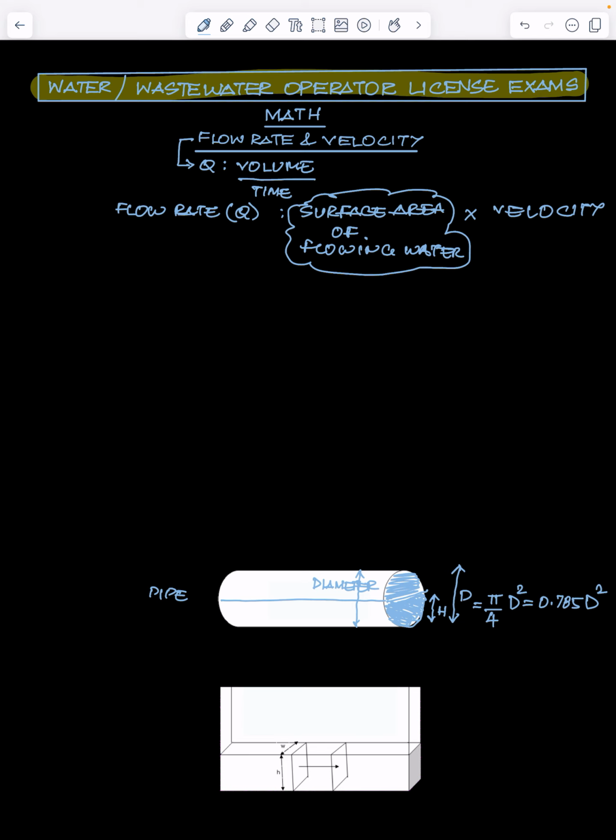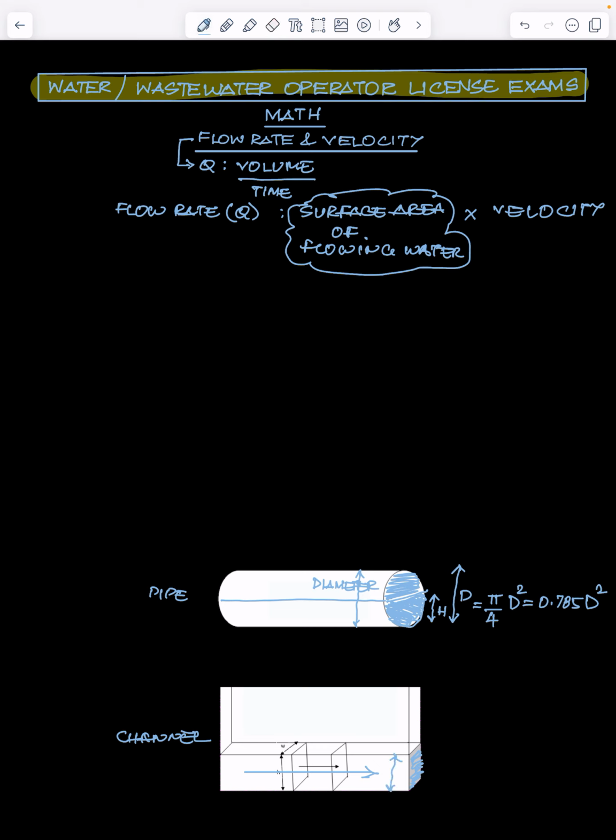In the case of a rectangular channel, say if this is the flow going through the channel, the surface area of this particular flow, which is basically this area, can be calculated from two values. One is the height of the water that is flowing in the channel.